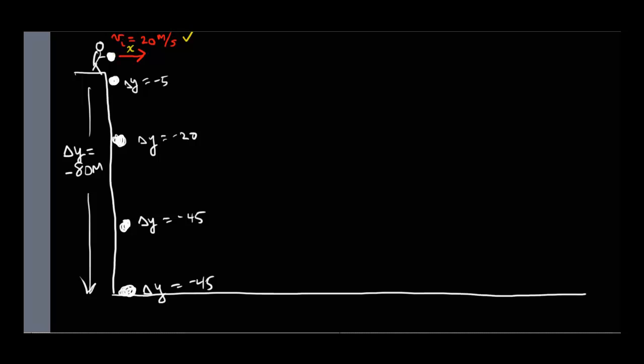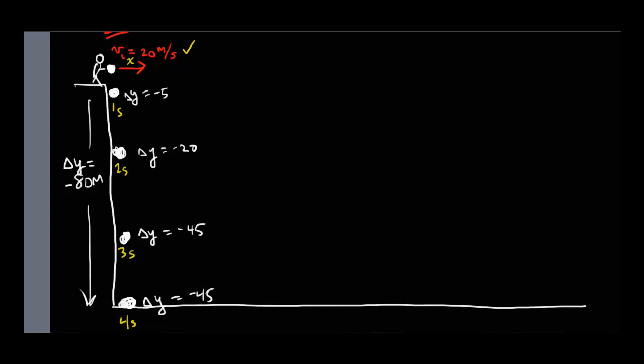So this was 1 second, 2 seconds, 3 seconds, and then finally 4 seconds. So the ball's going to fall 80 meters in about 4 seconds, according to our calculations. And I'm rounding, so it's going to be a little bit different. This is 19.6, as I said, so it's not quite 20, but it's pretty close.